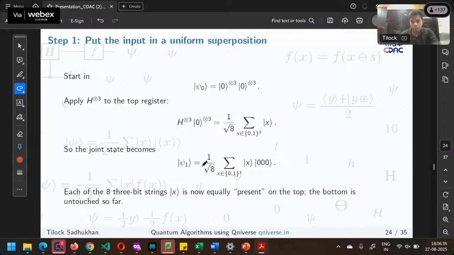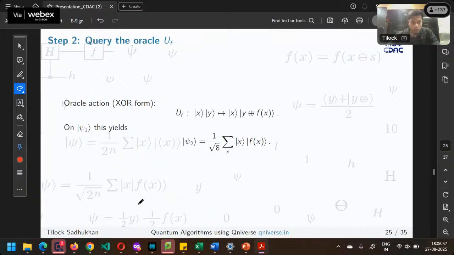The joint state becomes the tensor product with our initial ket 000. The joint state psi1 is 1 by square root of 8 times all the possible combinations of x and 000. Each of the 8 3-bit strings x is now equally present on top, and the bottom is untouched so far. Now we put the states into the oracle.